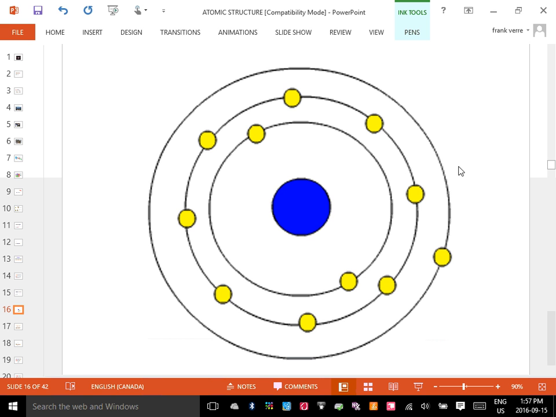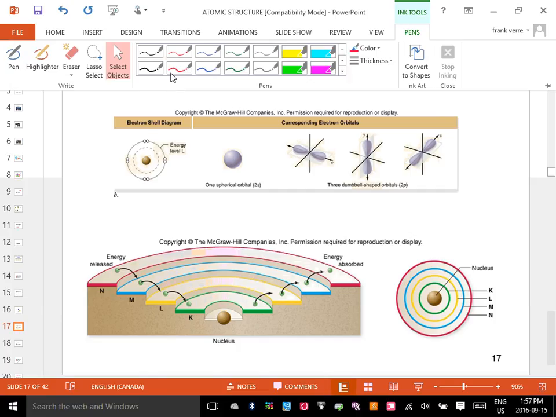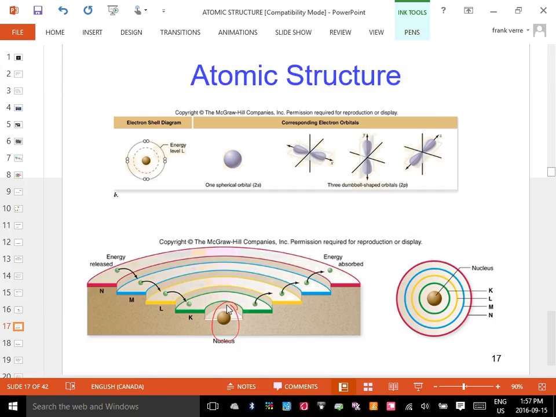But this is a good representation for what are called energy levels. Because the idea is, if an electron has a certain amount of energy, so you can see in this picture over here, here's the nucleus, so here's the electron right over here. Here it's in a certain level called K, okay?